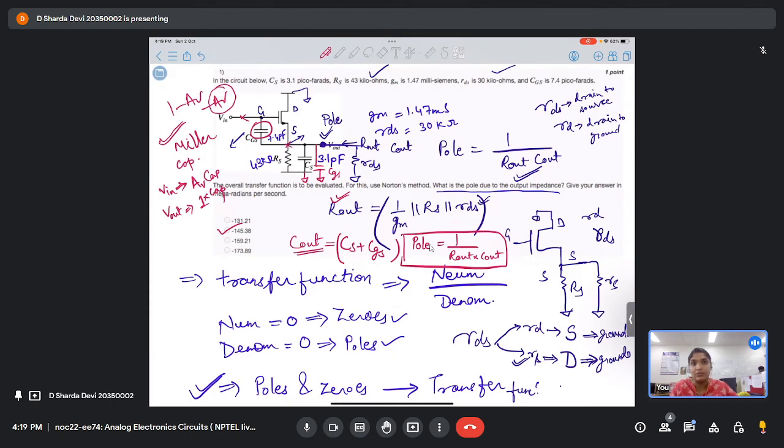You can easily solve its small signal model and find V out by V in. But when we go for big cascade circuits, from 3 stage, 5 stage, it is not advisable to solve the transfer function, finding V out by V in, by solving all the components through small signal analysis.